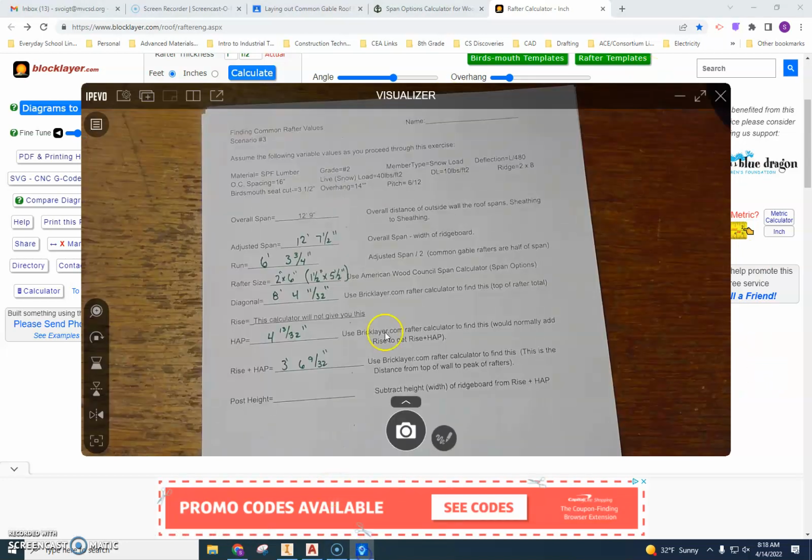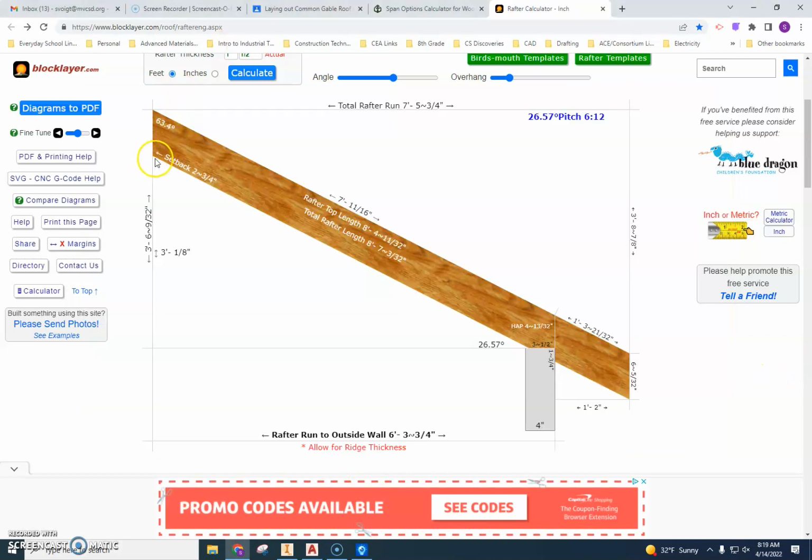The last thing we're going to do is figure out how tall we need to make our post height here. We're going to build a post from the top of our wall up. And remember, there's going to be a 2x8 ridge board right here. So I know the distance from the top of my wall to the top of my peak.